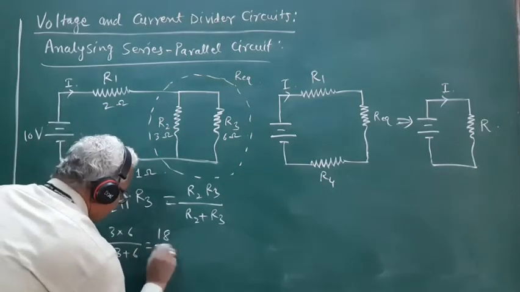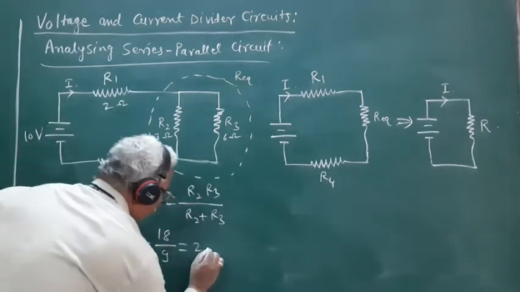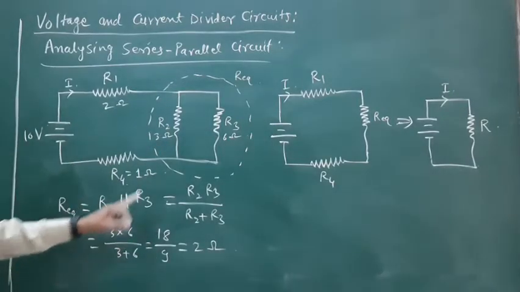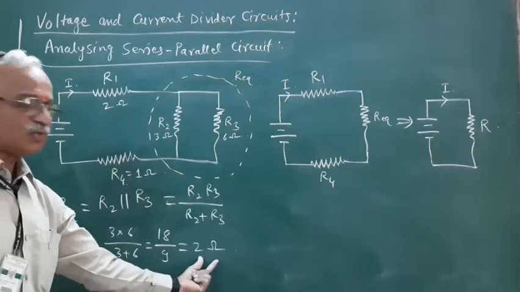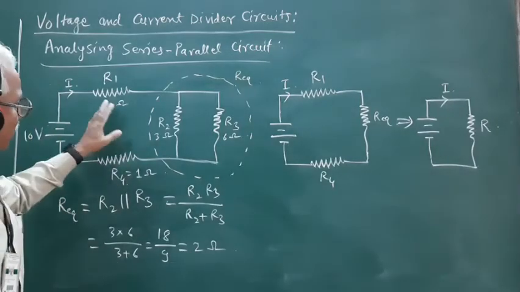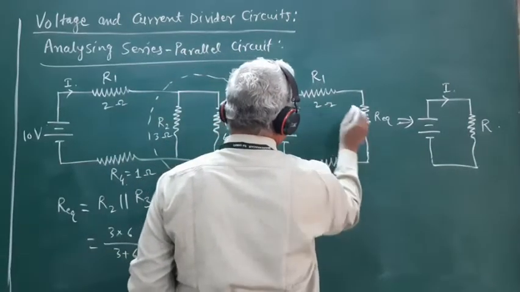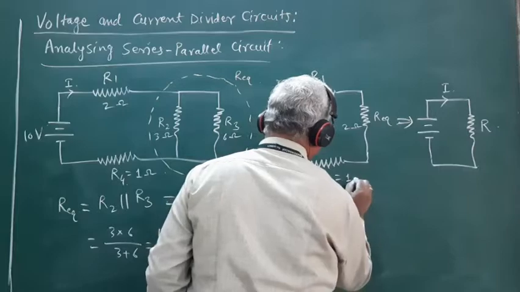So it is 18 divided by 9, which is 2 ohm. The equivalent resistance of this parallel combination of R2 and R3 works out to be 2 ohm. So here R1 is 2 ohm, R equivalent is 2 ohm, and R4 is 1 ohm.